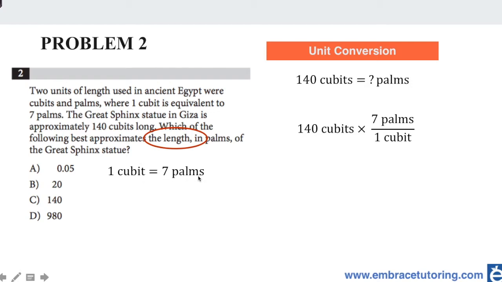And the key to this, or any unit conversion problem for that matter, is to simply make sure that the numerator of what I start with is opposite, or across from, the denominator of what I'm putting for my unit conversion. The reason I need to put this in the denominator of the unit conversion is so that I isolate and solve for palms in the numerator, at the top, and my cubits will actually end up canceling. So my answer here is going to be 980 palms, which would make D my best answer.